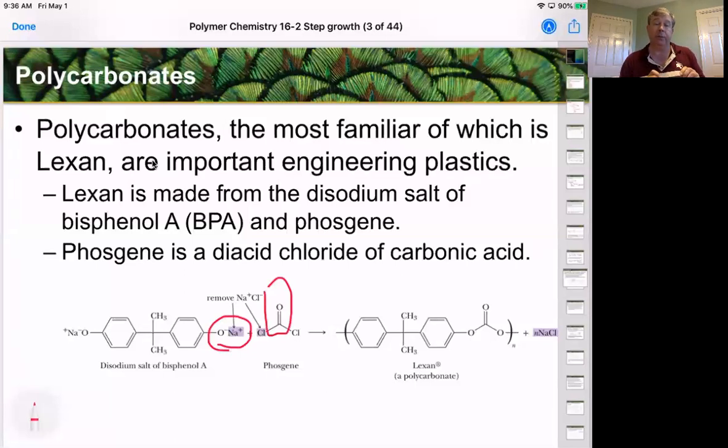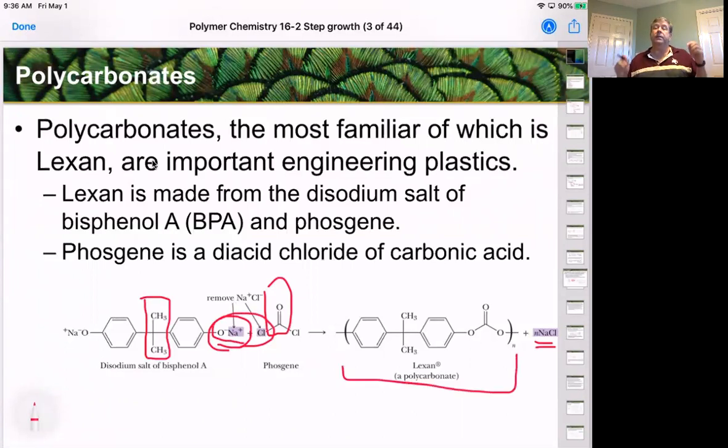In this case, we use what we call bisphenol A. Okay, so in bisphenol A, we have 2 phenols hooked onto this dimethyl group here, and it reacts with the phosgene to give us sodium chloride as well as our polymer.